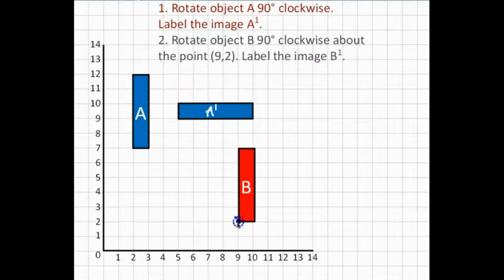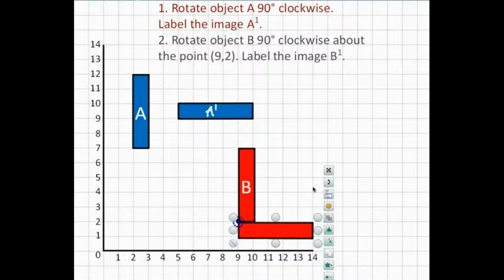So that's the centre of rotation for B. If I rotate that 90 degrees clockwise, it goes there. And hopefully you'll notice that it's that centre of rotation that's now holding on to the shape. It's the point around which the rotation is taking place. Everything turned around that as if it was a hinge or a pivot. And then I need to label it B1.